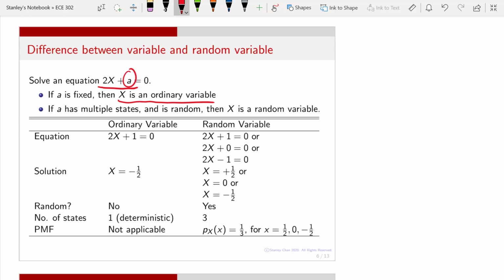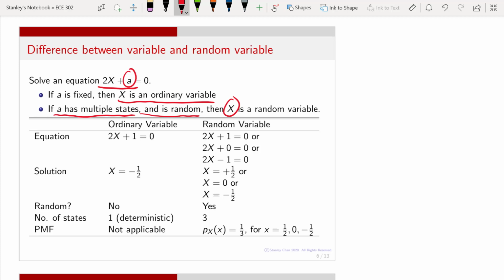In the usual sense, you have an equation, you have a variable, you solve this equation, then the variable gives you a number. That is just an ordinary variable. If your a has multiple states, and this is a random number, then x is also random, and we call x a random variable. In fact, if a has multiple states, a is also a random variable.